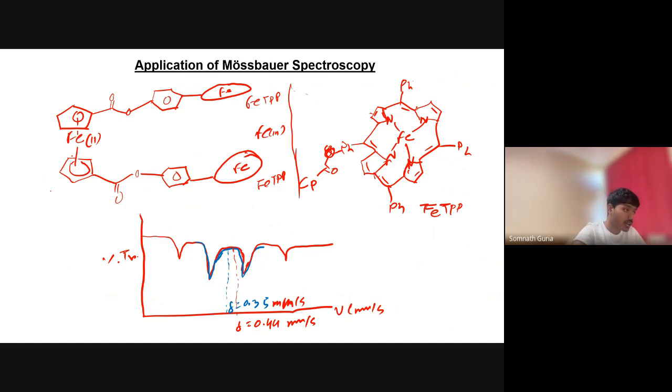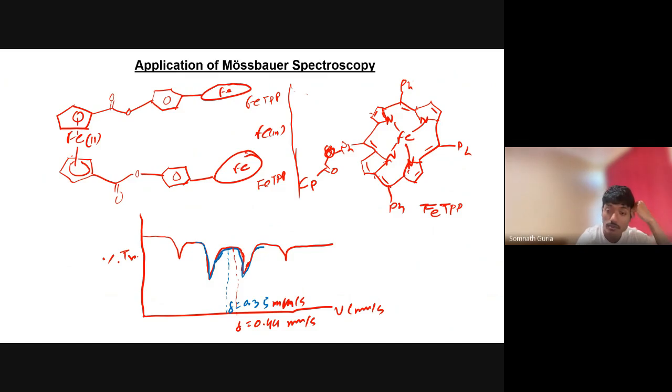The problem is that we have an iron 2. As we know, for iron 2 the Mossbauer line always comes in a more positive direction than for iron 3. That is the first indication we got. One delta value is showing 0.44 millimeter per second, and another delta value is 0.035 millimeter per second. Which one is in the more negative direction?